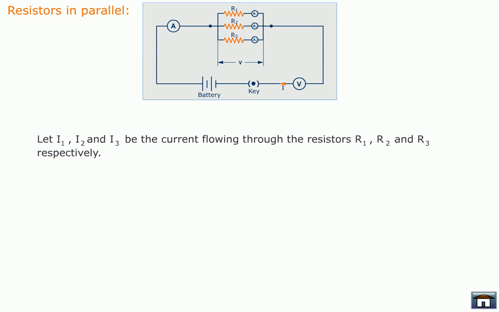Let I1, I2 and I3 be the current flowing through the resistors R1, R2 and R3 respectively. Then, look here, we know that according to Ohm's law, V is equal to IR.